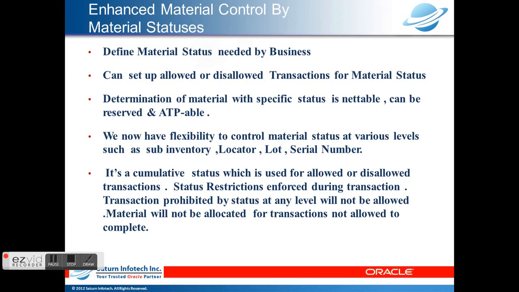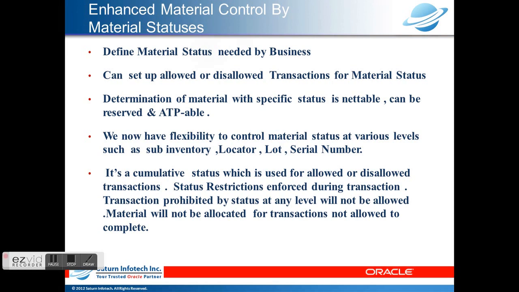Now we can do a setup in such a way that we can allow or disallow certain transactions for these material statuses. For example, if there is a business need which says that material in the status of QA pending cannot be allowed to do a shipping transaction, these kinds of things we can do.